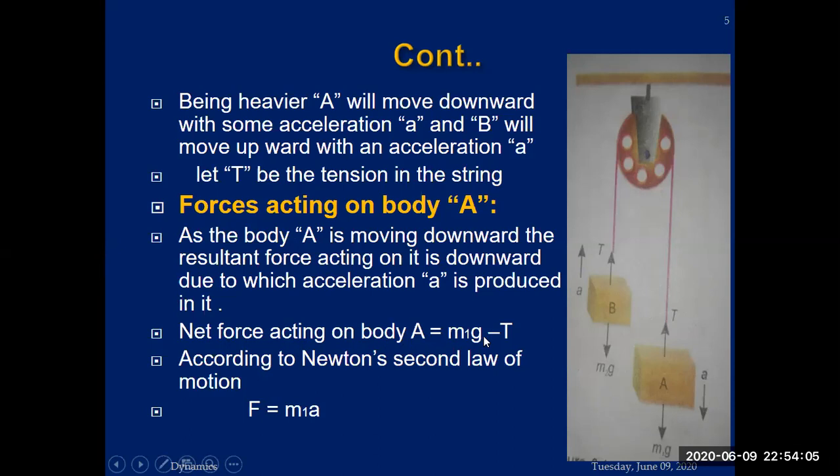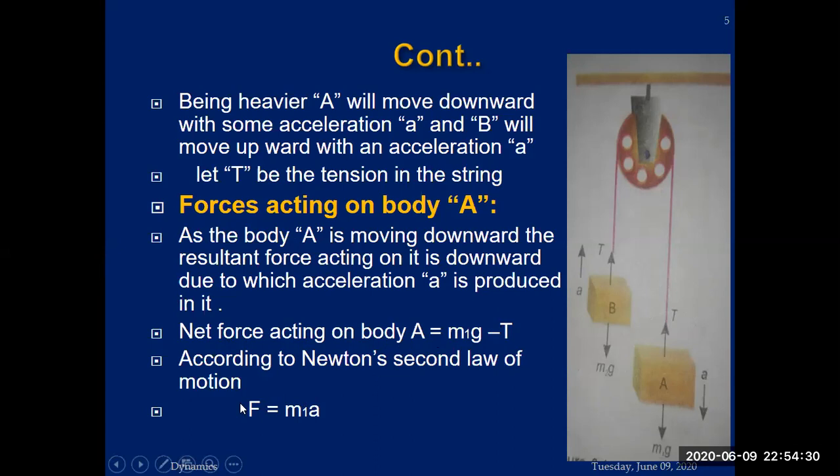Because the body is moving in the favor of weight, that is m1g. What about the other force? Tension is also acting, but its direction is upward. If you sum up these two, you place a bracket, and inside the bracket you take a negative sign with the T to represent the opposite direction. When you simplify it, you get m1g minus T. I hope you understood it.